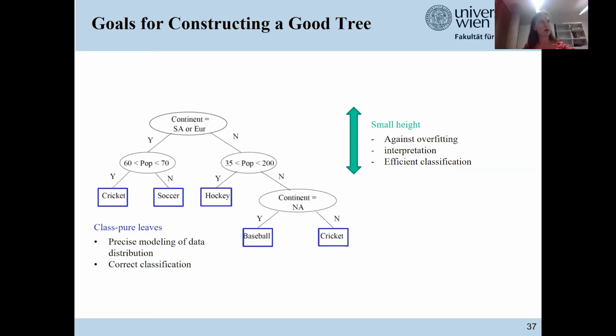One reason is very obvious: we want a runtime-efficient classification, because the larger our tree is, the more time it will take to perform this classification. And when time is critical, we want to be fast.